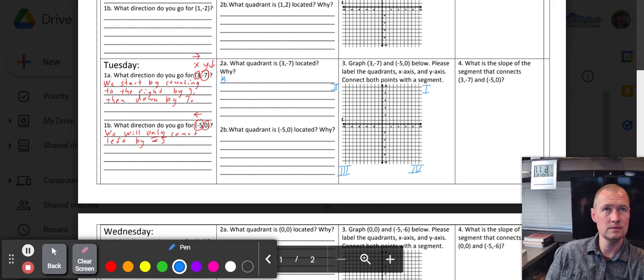By counting right, then going down, we will be in quadrant.